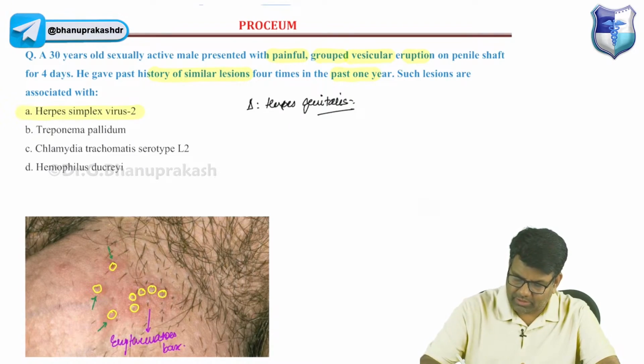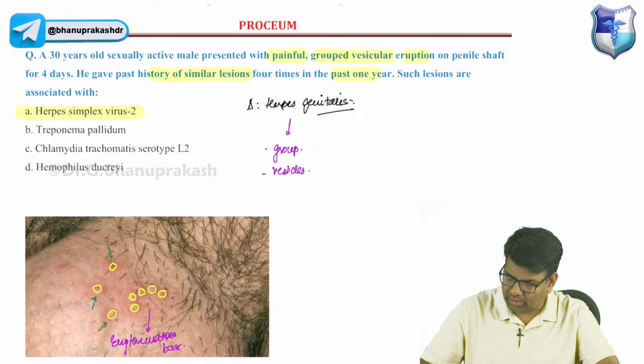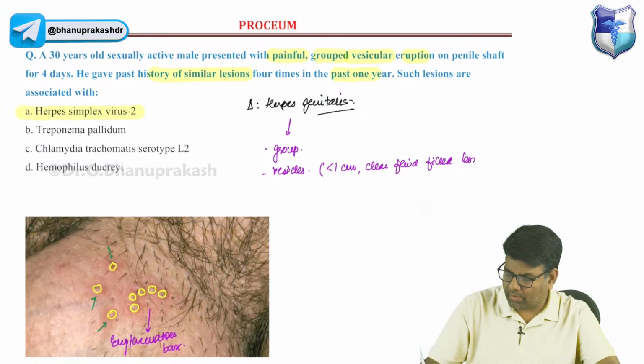So for herpes, the important thing is grouped vesicles, which we discussed as less than 1 centimeter, clear fluid-filled lesions, and there is an erythematous phase, so redness can be seen.